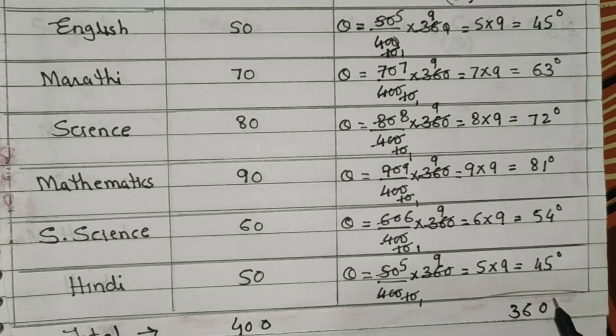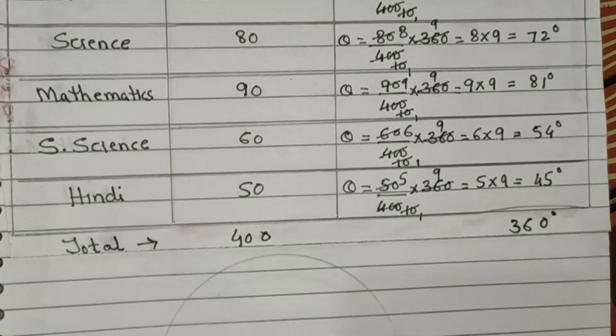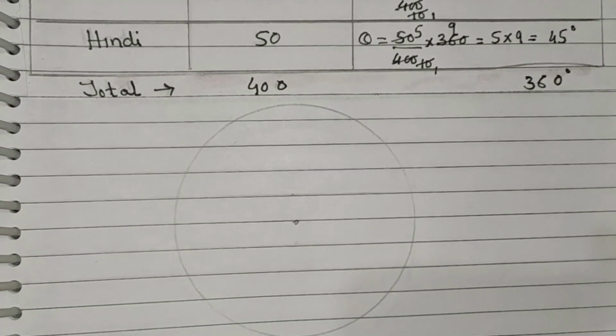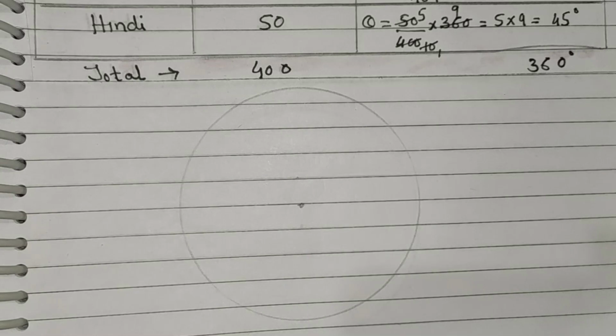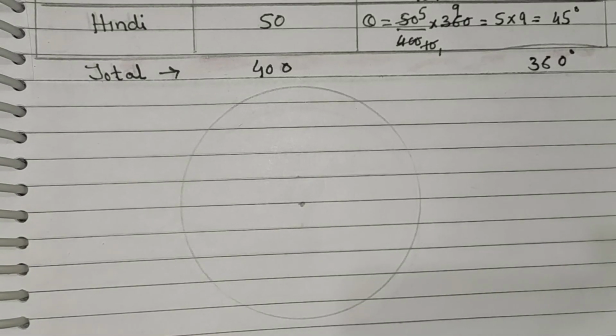Now we get here 360. Then draw a circle of a suitable radius.